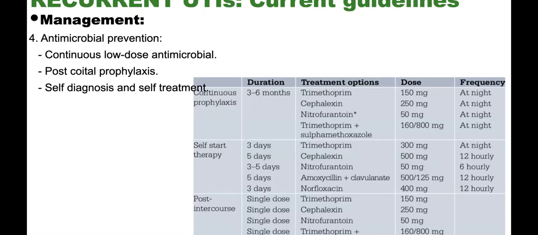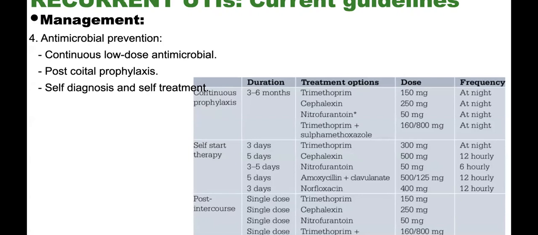And they found that some patients could have recurrence in terms of UTIs, but it's been found that it's the most effective way to prevent UTIs. But obviously, it comes with the side effects of long-term antibiotic use in patients, such as GIT side effects, which some patients might not tolerate.